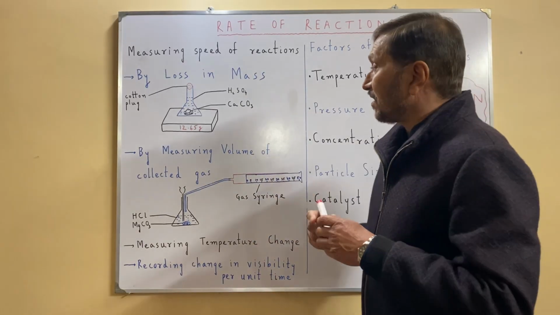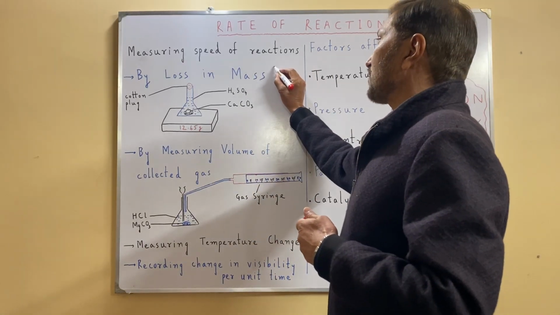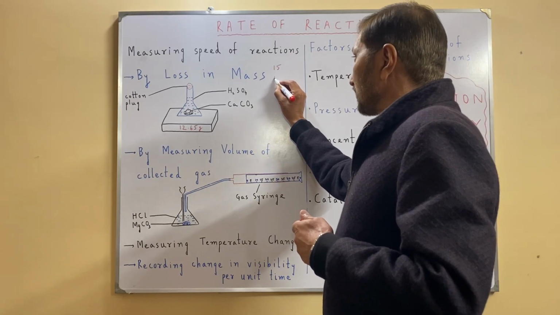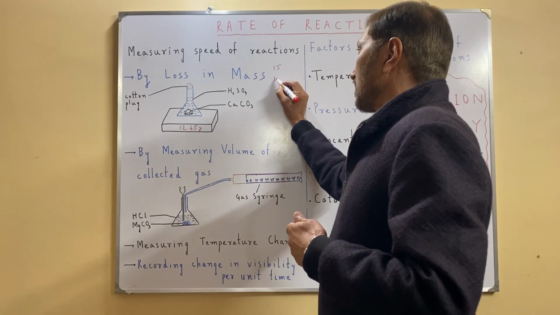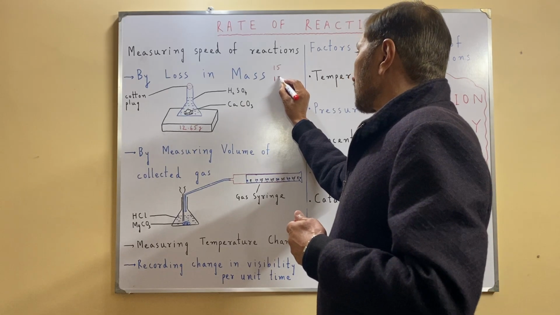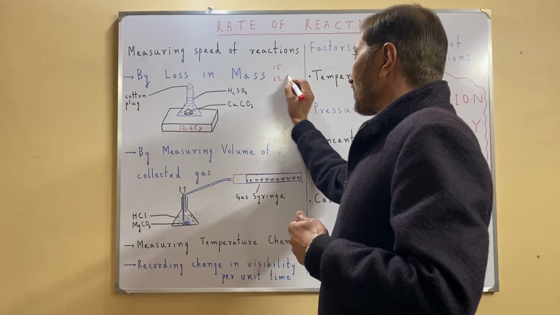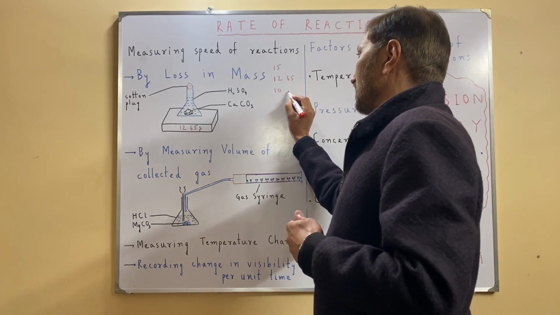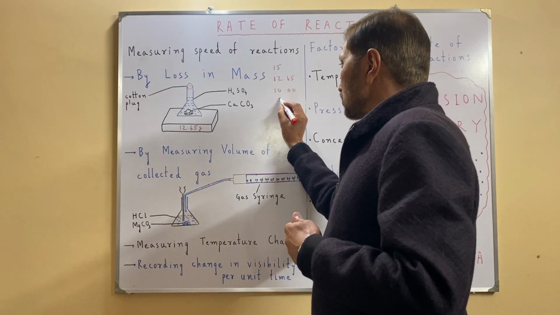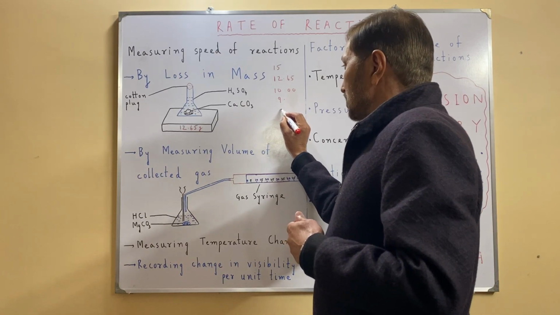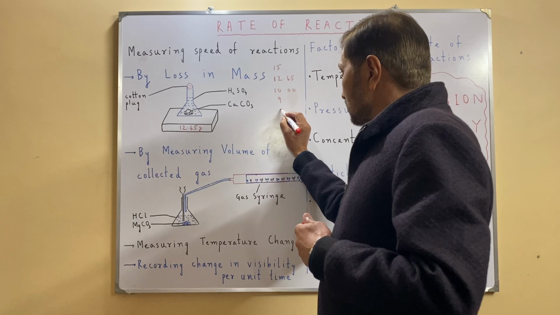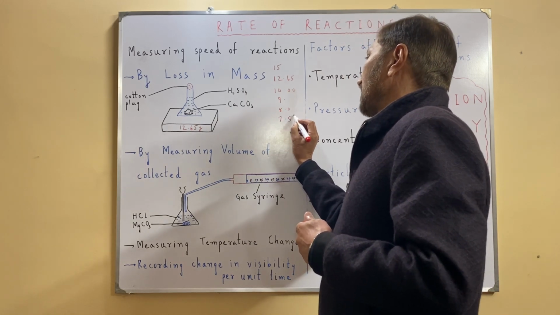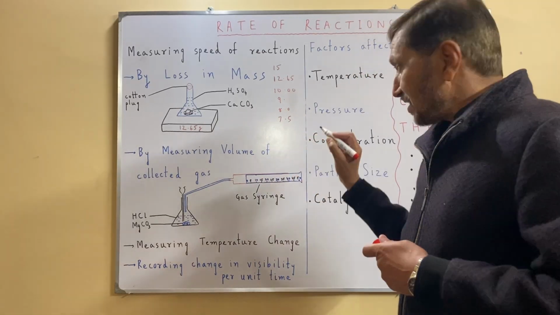Maybe the initial mass was 15 grams, and then over 30 seconds it reduced to 12.65 grams, then it reduced to 10 grams, then to 9, and then after every 30 seconds it is decreasing, maybe 8 and then 7.5, and then at 7.5 it stopped.